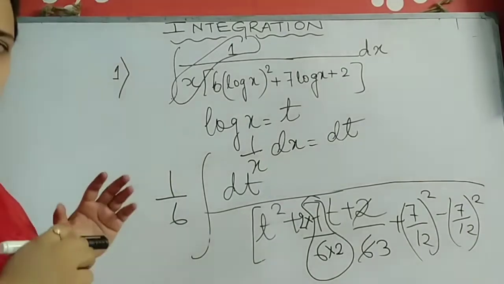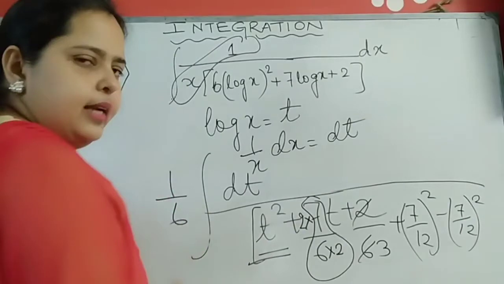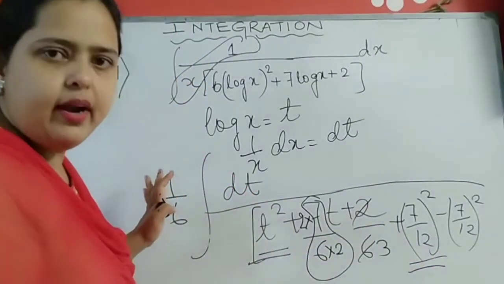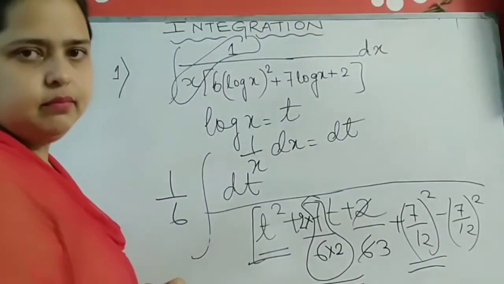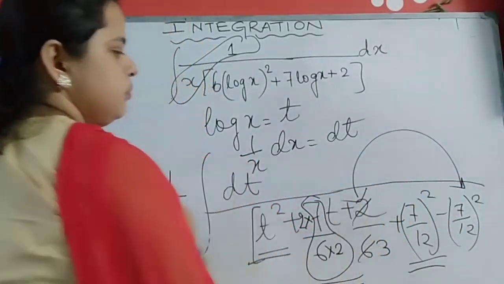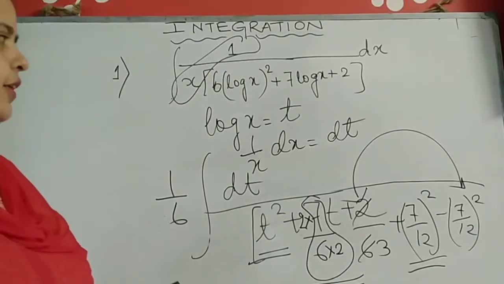So look at the terms I'm taking: a square plus b square plus 2ab, and the left outs are these. This point is very important. I want you to understand this very nicely.